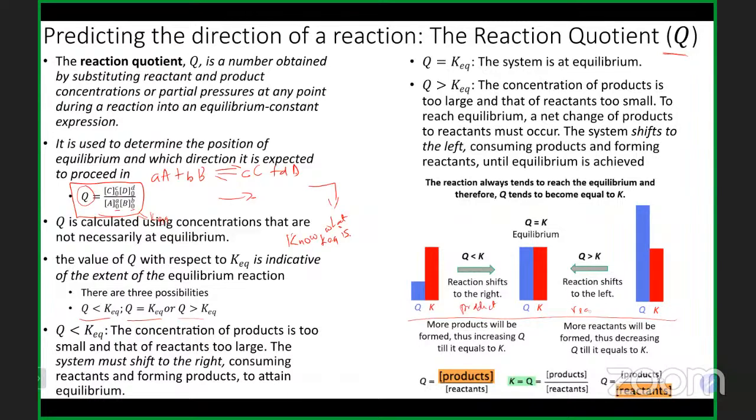And this is to the left, which is to the reactant. Okay, take the time, so that we can talk about factors affecting equilibrium and equilibrium constant.